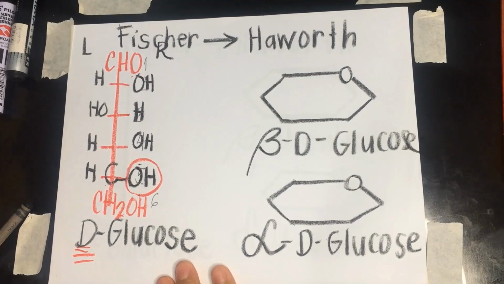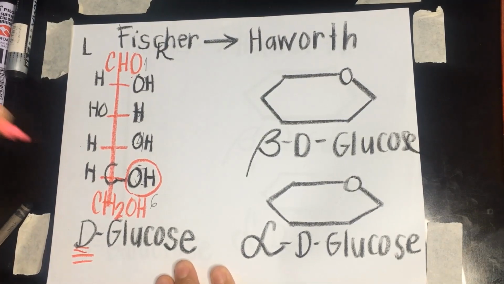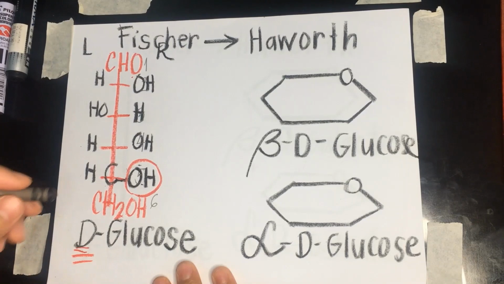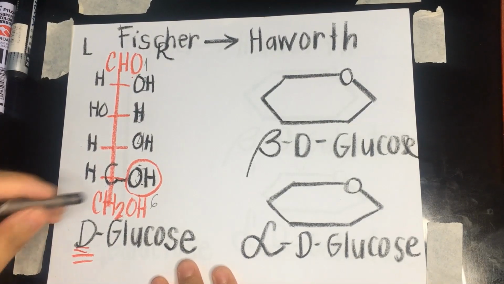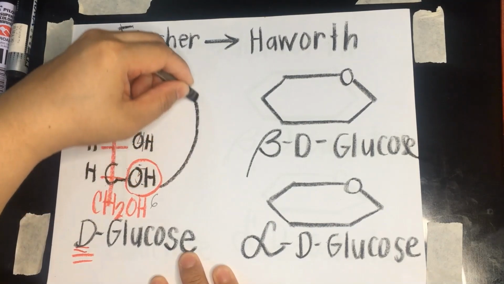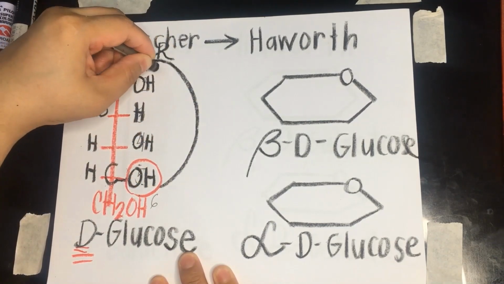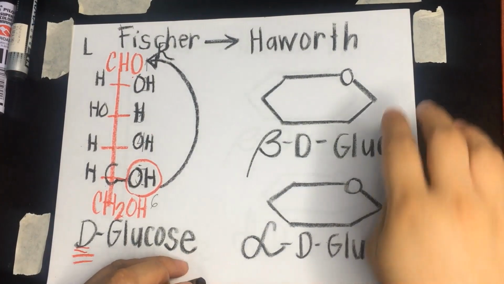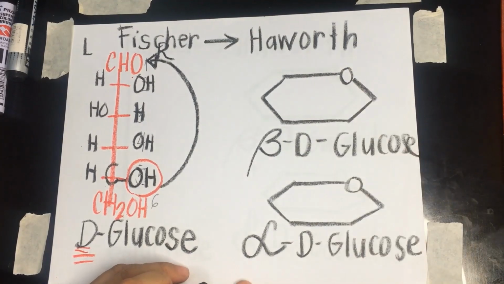Next, we should bear in mind that our carbon number 5, as I have mentioned previously, forms a pyranose ring. So our carbon number 5 forms the pyranose ring with our carbon number 1. And because of this, our pyranose ring was formed.